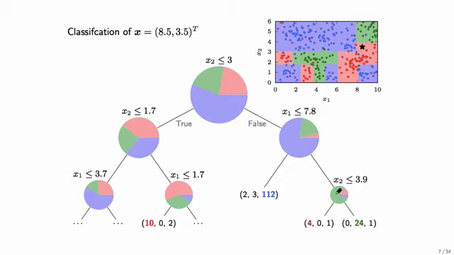So we move down here. And since the second feature is smaller than 3.9, we end up in this region down here. We can see that it has 4 red samples, and since that's the majority class, we classify the point as red. And you can also see that in the image above, that it's clearly in a red region.